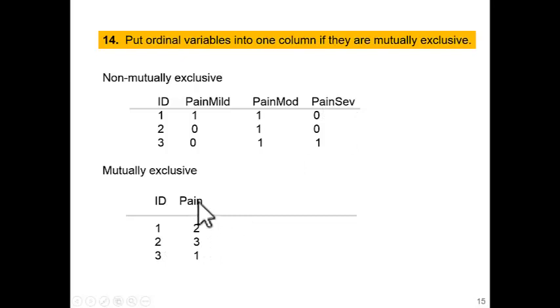So ID number 1 has pain level 2, moderate. ID number 2 has pain level 3, severe. And ID number 3 has pain level mild. So when you have one column for pain level, it does not allow you to enter duplicate data. This is the format I recommend if you have non-mutually exclusive data entry, and this is the format I recommend for mutually exclusive data entry.